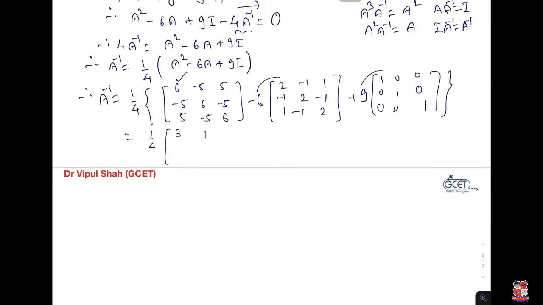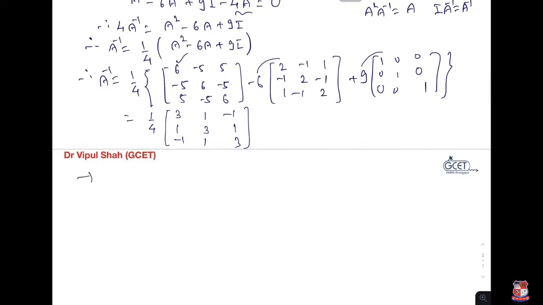Then 5 minus 6, so it is minus 1. Then minus 5 plus 6, so this is 1. Then 6 minus 12 and plus 9, so that is 3. You can easily find minus 1, 1 and 3. So this is our A inverse.